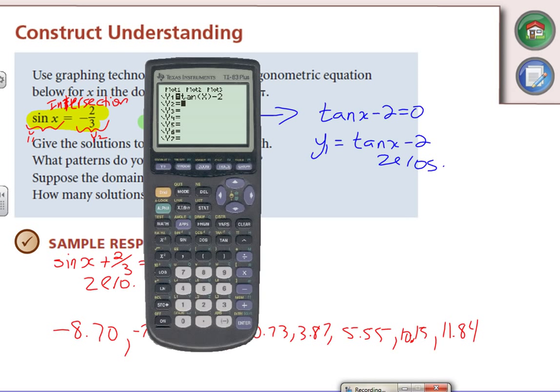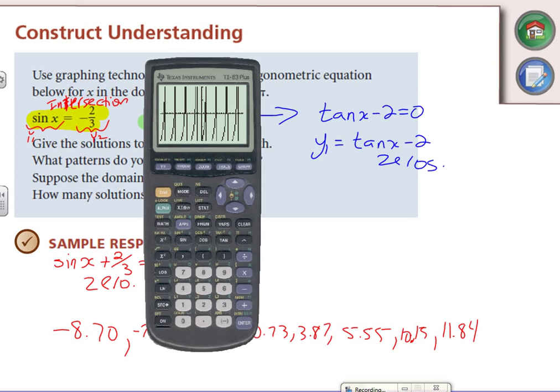Okay, so I've got my one equation in, only have to worry about one of them. But we've got to change our window slightly because we only let our max and min be at 2. I guess we could keep it as that, we're looking for zeros, it's all good. We're going from negative 4 pi to 4 pi. Let's graph that and find our zeros.